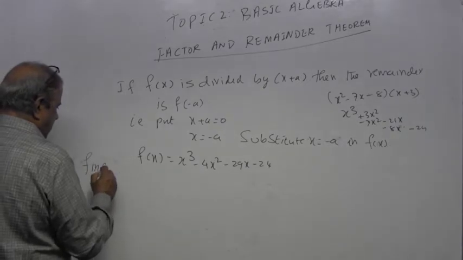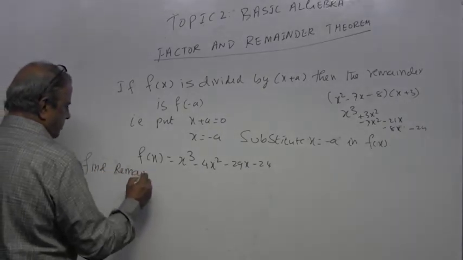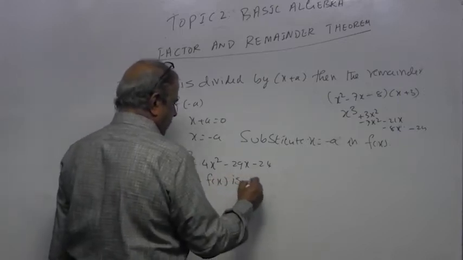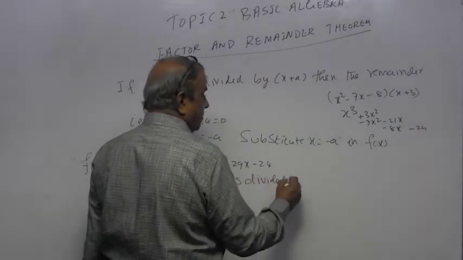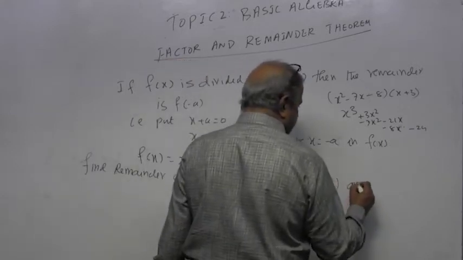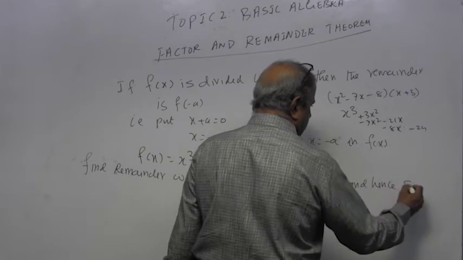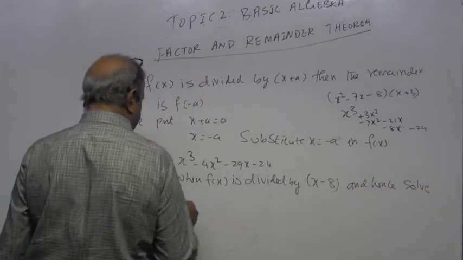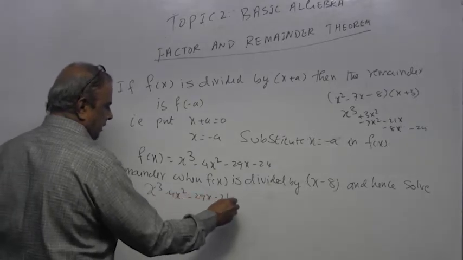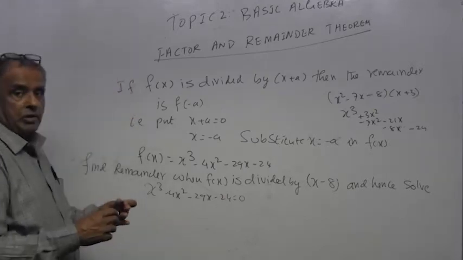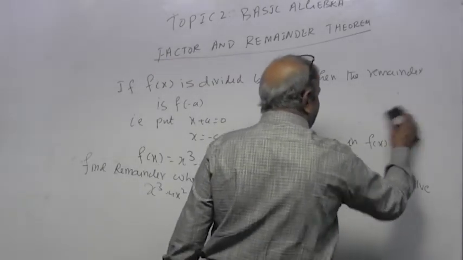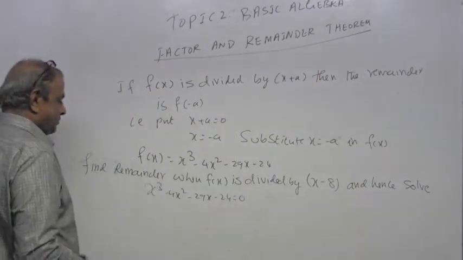Find the remainder when f of x is divided by x minus 8, and hence solve x cube minus 4x squared minus 29x minus 24 equals 0. That could be a question. I just made up the question, obviously. I know the answer, and some of you who are clever will already figure out the answer.